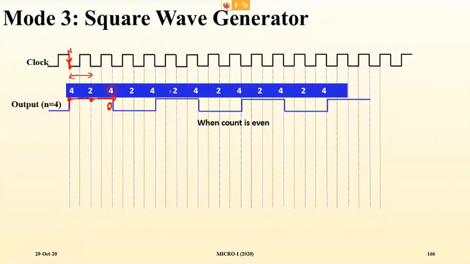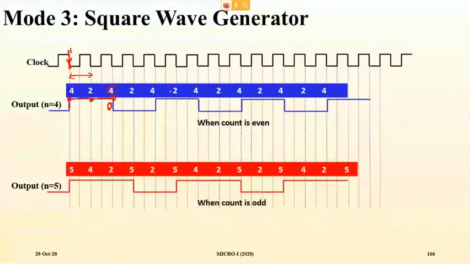Okay, now coming to the odd number. In the odd number, we have to load the system with a count of 5. So the count starts from 5. But like I said, for the first clock period, it will not decrement by 2.